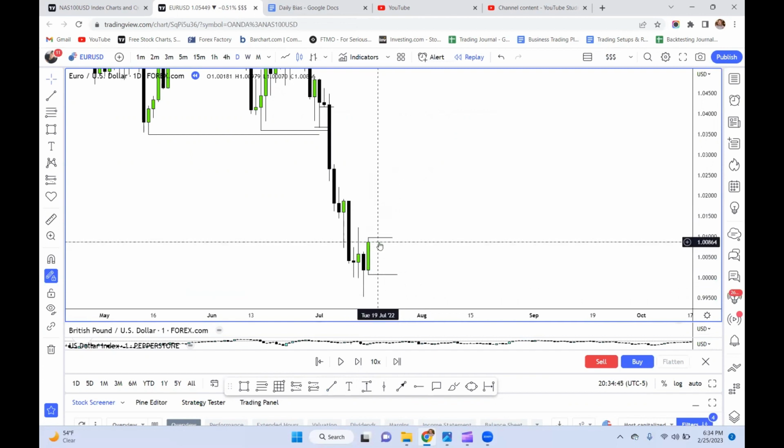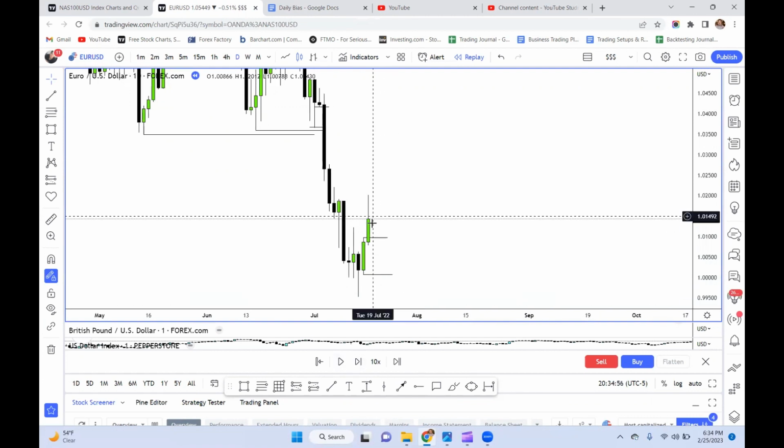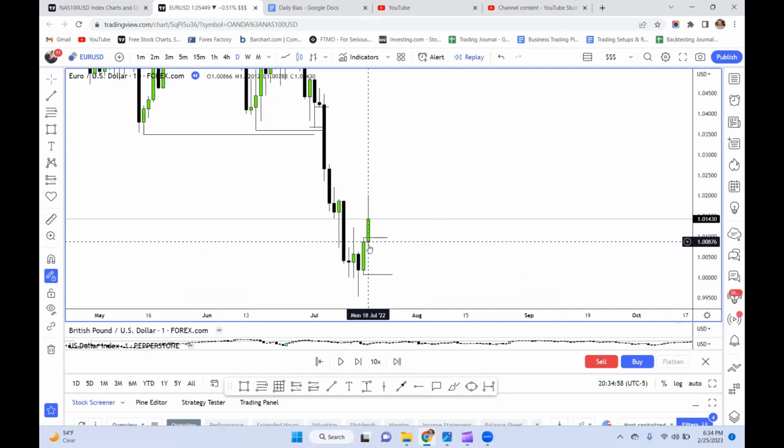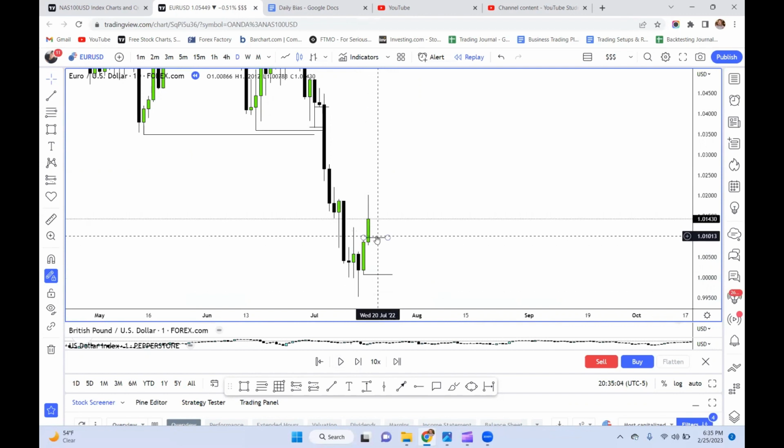So we want to see it open, Judas swing, manipulation, rally, distribution, and hopefully close above there. If it closes below, that's okay too. But let's see. Boom. Open, Judas swing, manipulation, rally, distribution, closed above. And now same here.